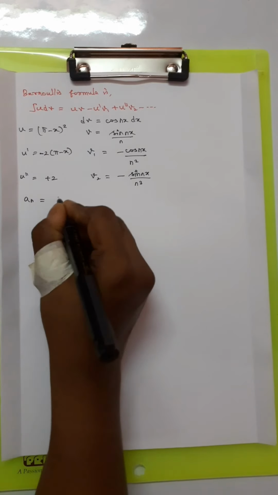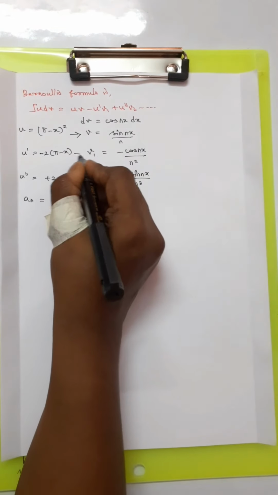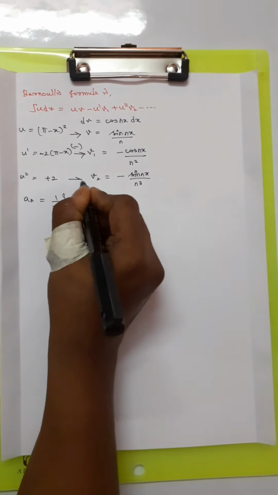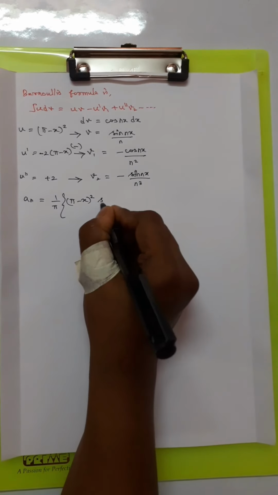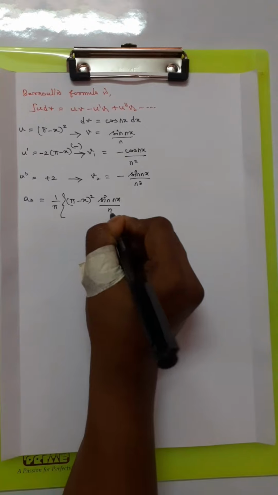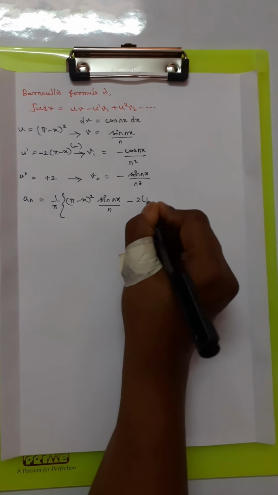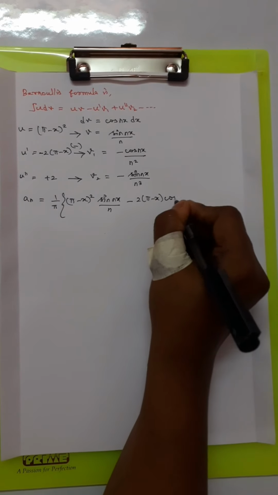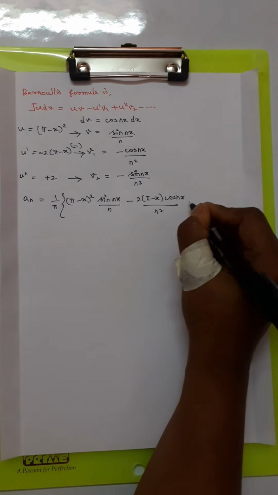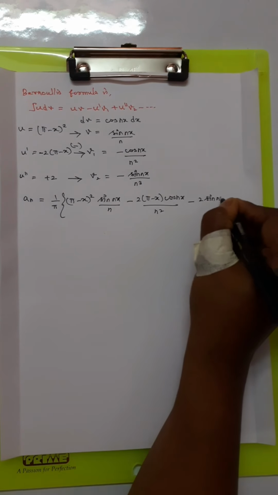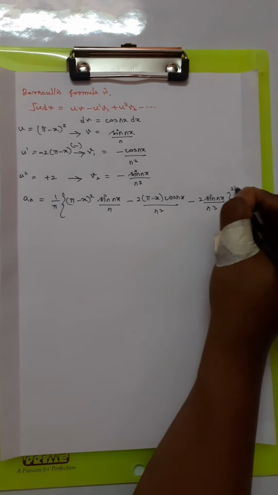an is equal to 1 by pi, uv minus u dash v1 plus u double dash v2. So pi minus x the whole square sin nx by n, minus 2 into pi minus x cos nx by n square, then minus 2 sin nx by n cube, from 0 to 2 pi.